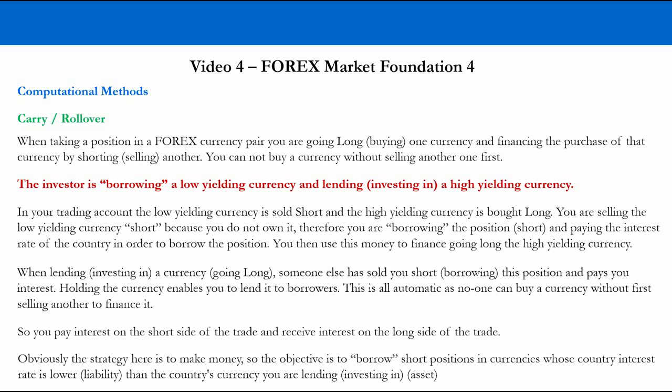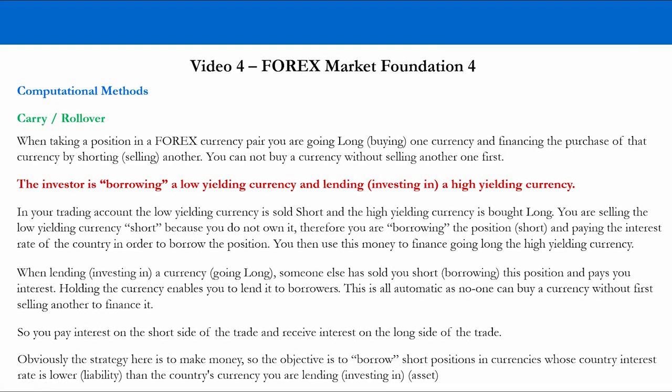And the country that is paying you, that to you is an asset. So you have a liability and an asset on each side of the currency pair. The currency you go short is a liability, and the currency you go long is an asset. Please remember that. It's very, very important. Now let's have a look at this in more detail. Like any of our other basic computational methods, it's pretty straightforward.